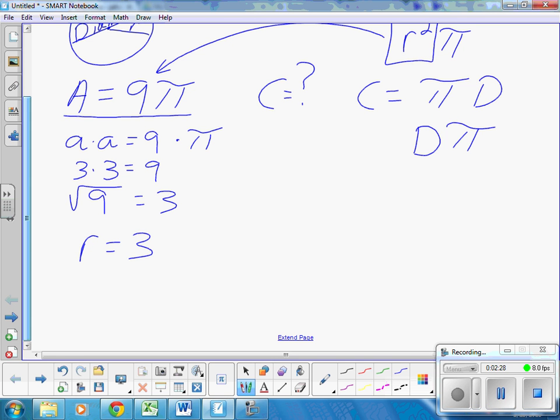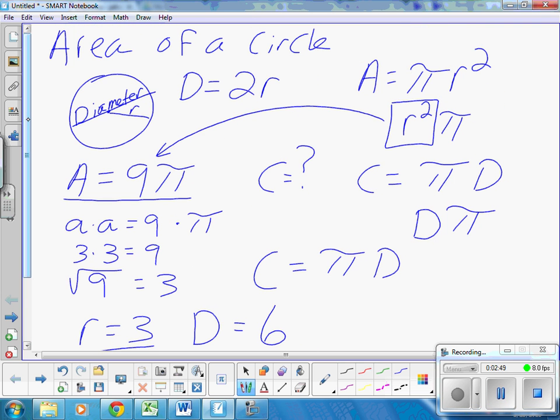Now the question is, what is the circumference? The circumference, remember, is equal to pi d. So we have to figure out what the diameter is equal to. Well, if the radius is 3, then the diameter is 6, because the diameter is equal to 2 radiuses.